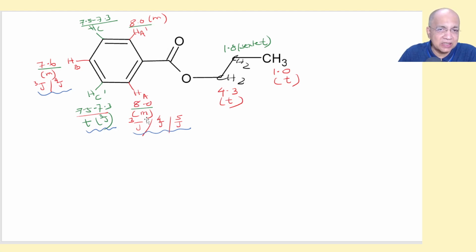These two are identical, and that will give a complex multiplet, because there will be a J3 coupling as well as a J3 coupling and maybe a J5 coupling. So it will be a complex multiplet. And A and A dash are identical, chemically equivalent protons that do not couple with each other.